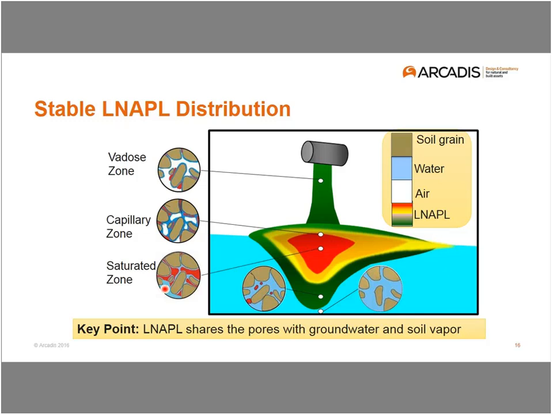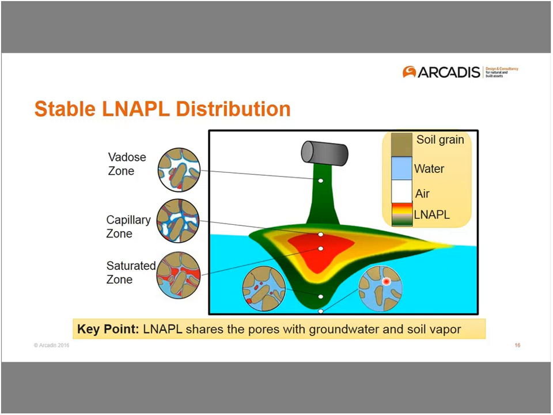Now you've just got water and LNAPL, and the LNAPL, like the air now, is occupying the largest pore spaces. And then as you move down into this residual zone, the LNAPL saturation becomes smaller, and then outside that residual NAPL saturation zone, you get into fully water-saturated soil.